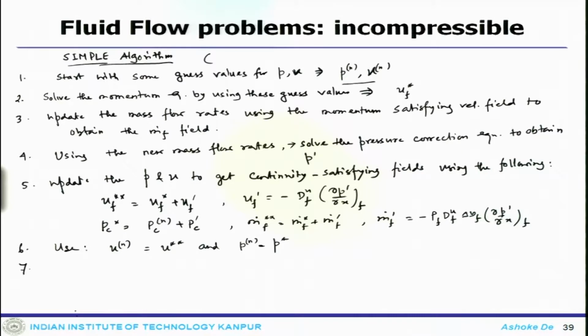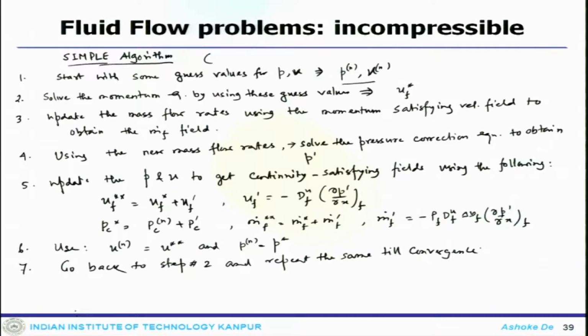So, you repeat the process, like go back to step number 2 and repeat the same till convergence. So, it is essentially an iterative process.